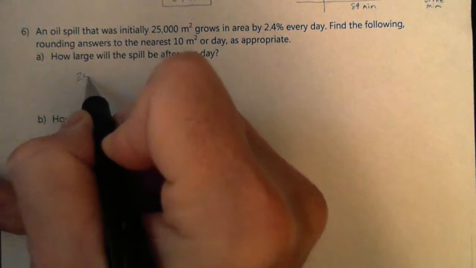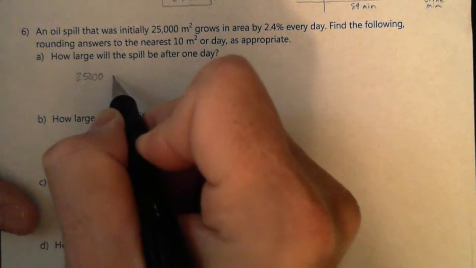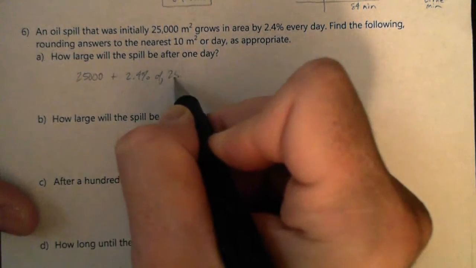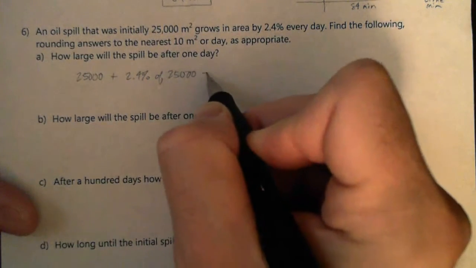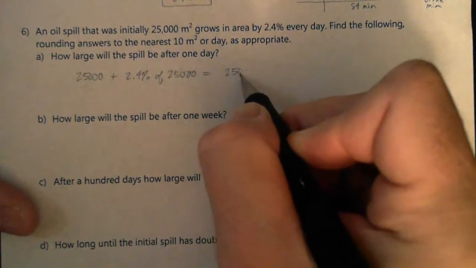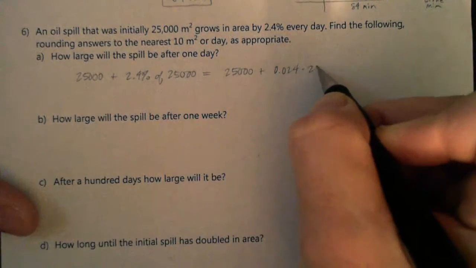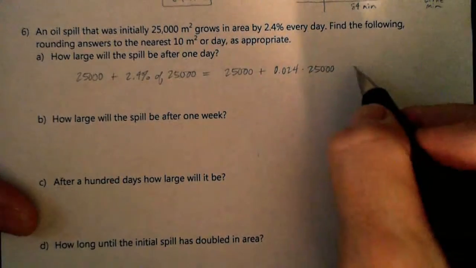We know if we start with 25,000 square meters and we add 2.4% of 25,000, we're going to get 25,000 plus 0.024 times 25,000.